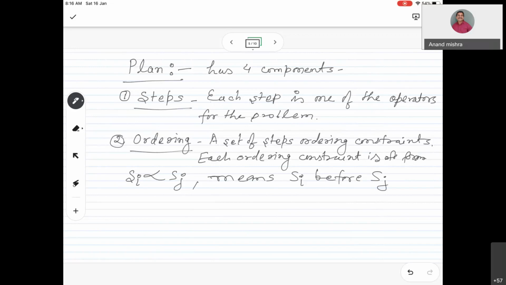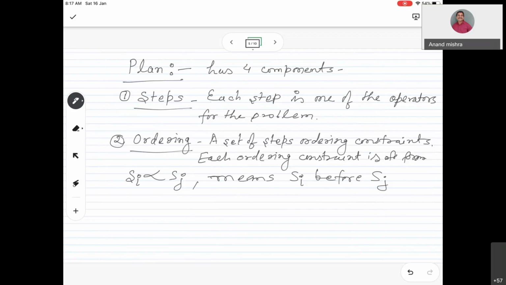For example, if you are planning to bake a cake, there is a step ordering. Steps like having milk, flour, and eggs are the previous steps. They have to occur first, before baking the cake.